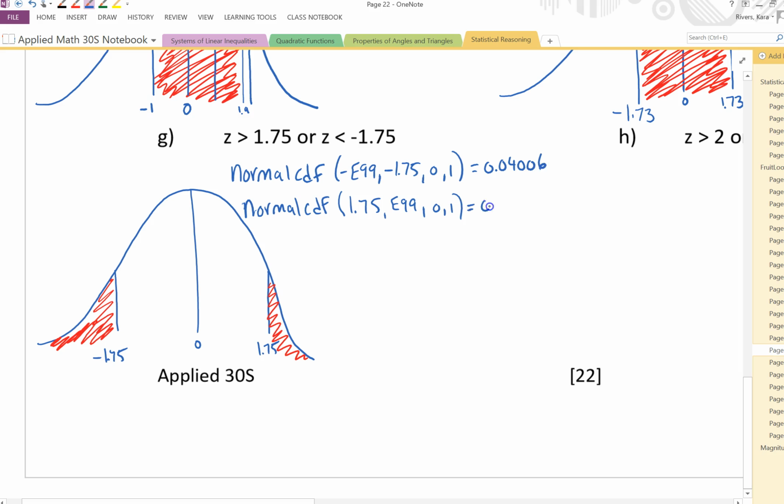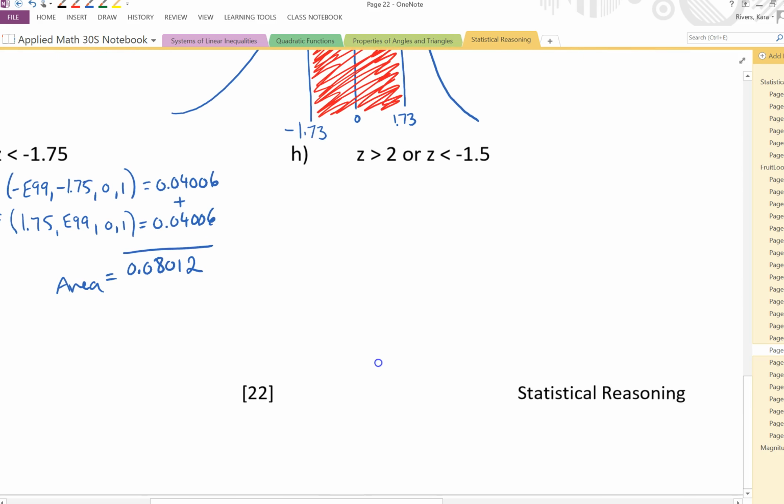And that would be the same here, 0.04006. So if I add those together, the total area would be 0.08012. If you recognize that they're the same, you could just do it once and multiply it by 2.